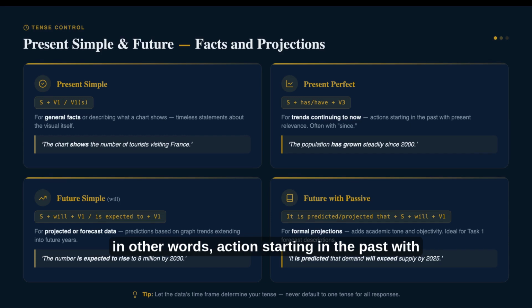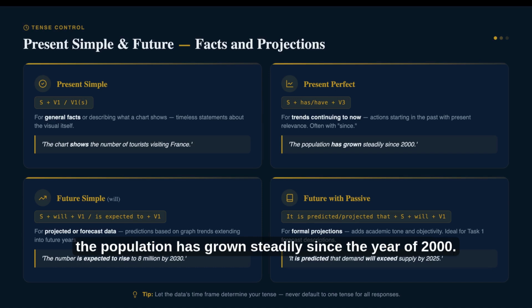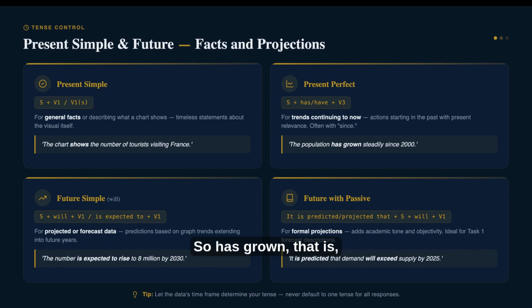Or in other words, an action starting in the past with present relevance, often with since. For example, the population has grown steadily since the year 2000. So, has grown, that is, has followed by the past participle grown. So, it's present perfect used with since followed by the year.